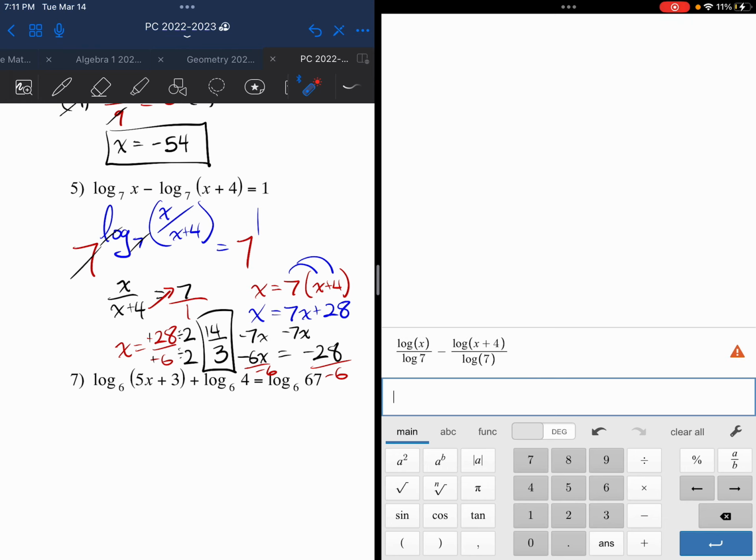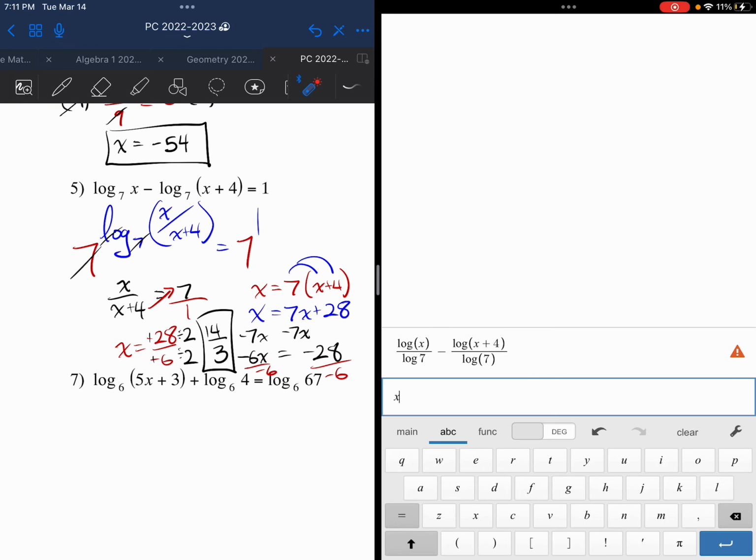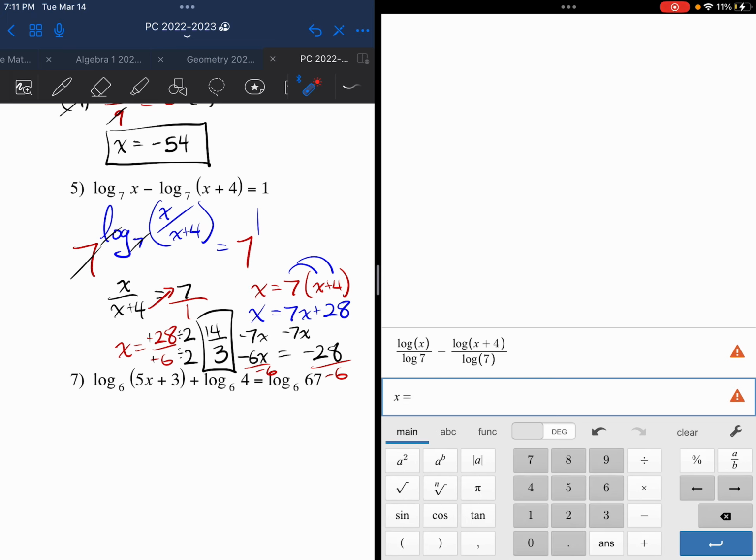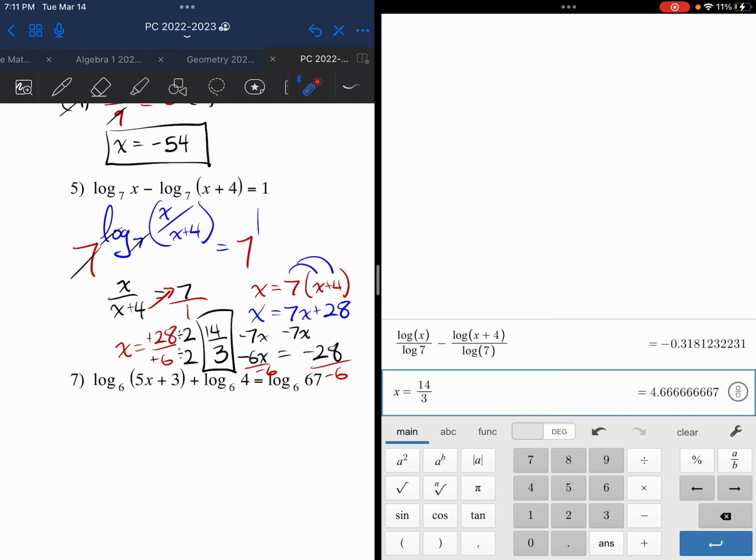I said that if you say x is equal to 14 thirds, oh yeah, it doesn't turn out to be 1. Interesting. So my work is incorrect. There's some sort of mathematical mistake. Did I do my change of base formula correctly?